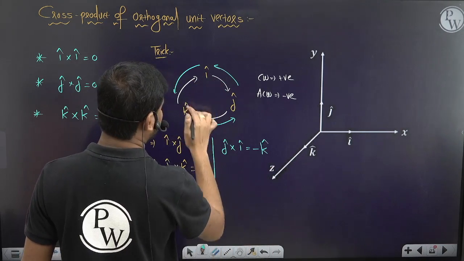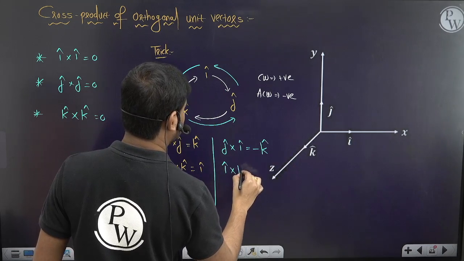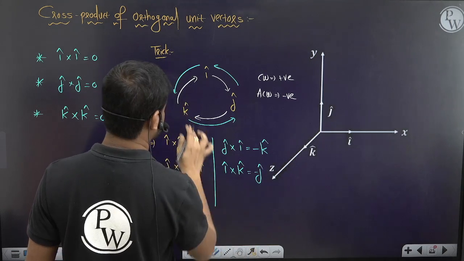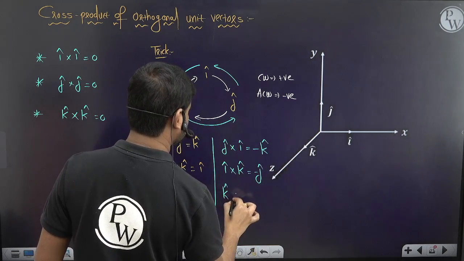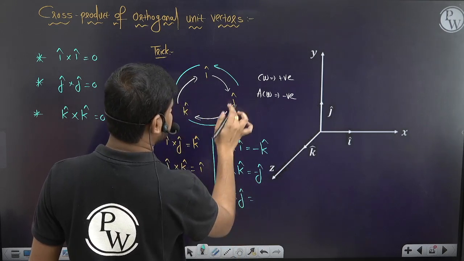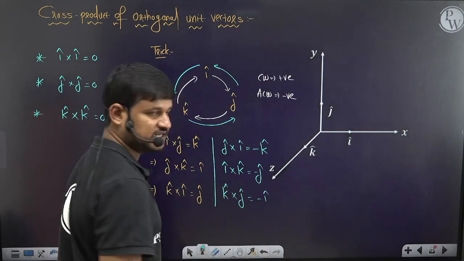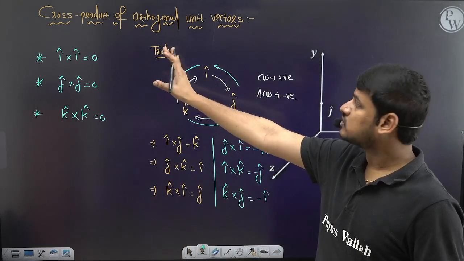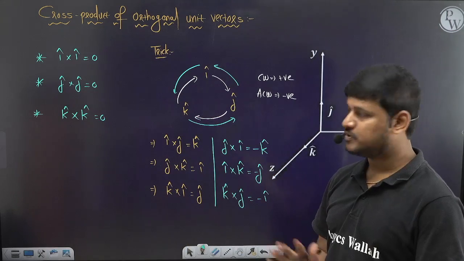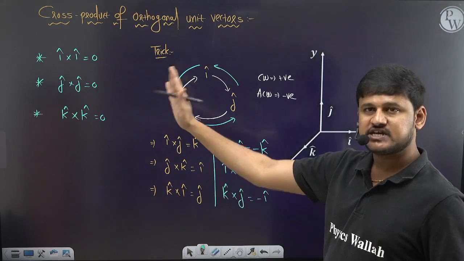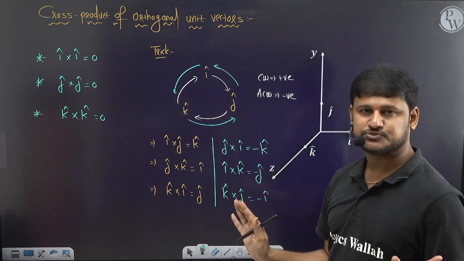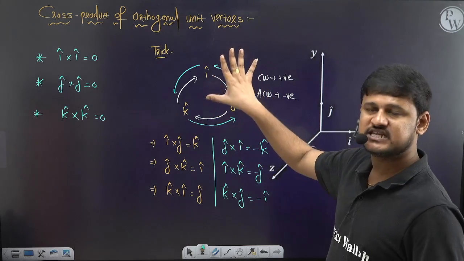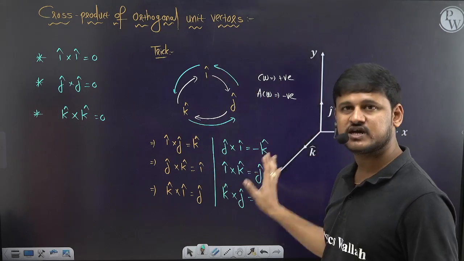Then I cross K, the next one is J, anti-clockwise, minus J. Then K cross J is minus I cap. Clear? So this is the simple way to do the cross product of orthogonal unit vectors. Clockwise take positive, anti-clockwise take negative. Just remember this trick. You can write this easily.